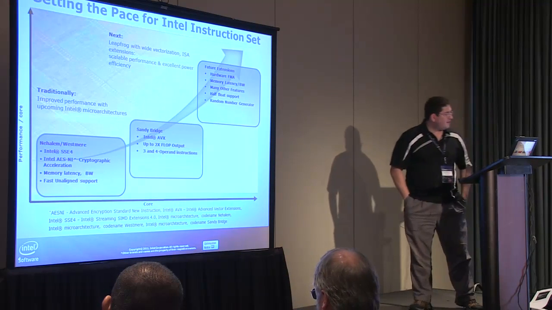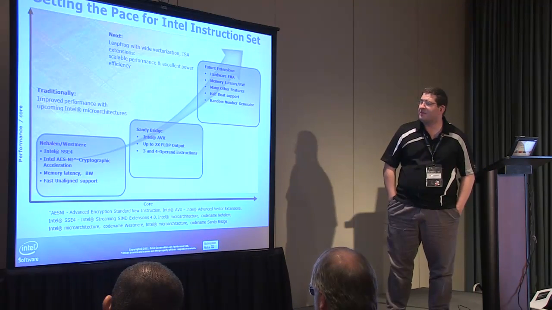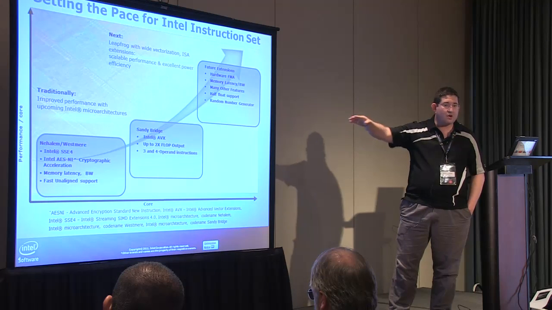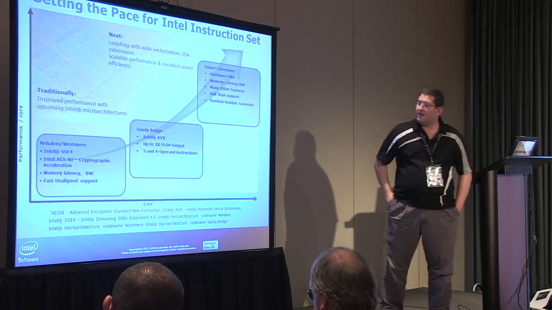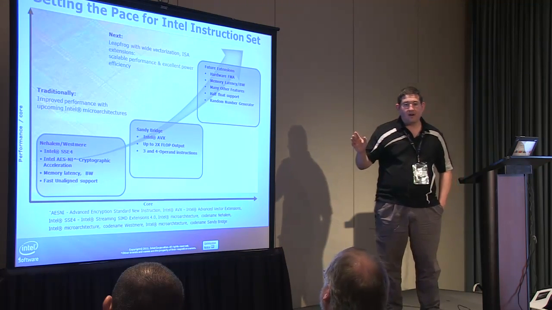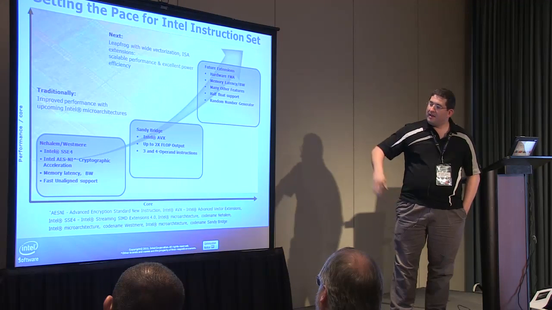So here's the last couple of CPUs, going back to Nehalem, and the technologies that were introduced. And these are all technologies that you as developers can code to. You can use Intel's SSE4 instruction sets, which are used for parallelizing floating point operations and graphics operations.